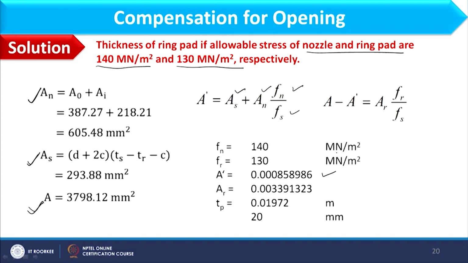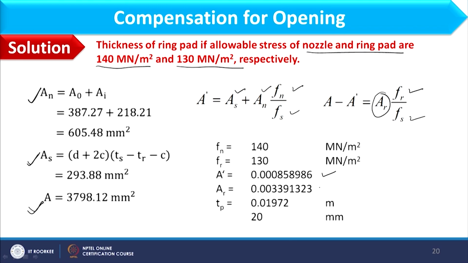Okay. And A minus A dash will be equal to AR Fr by Fs. Fr is the allowable stress of ring pad and Fs is the allowable stress of shell material. A I know, A dash I know, both these values I know already. So, from this I can compute AR.